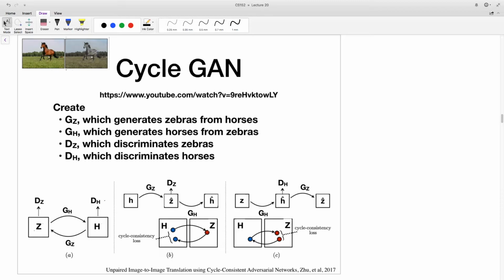So that'll take us from horse to zebra, back to horse, and we're going to have some difference there. We're going to have the exact same pixels. And so we'll look at some loss and see how close this is. If this is close, we generated something, we round-tripped, and came back close to where we were, which means the background looks pretty good and the horse looks pretty good. Does that make sense?